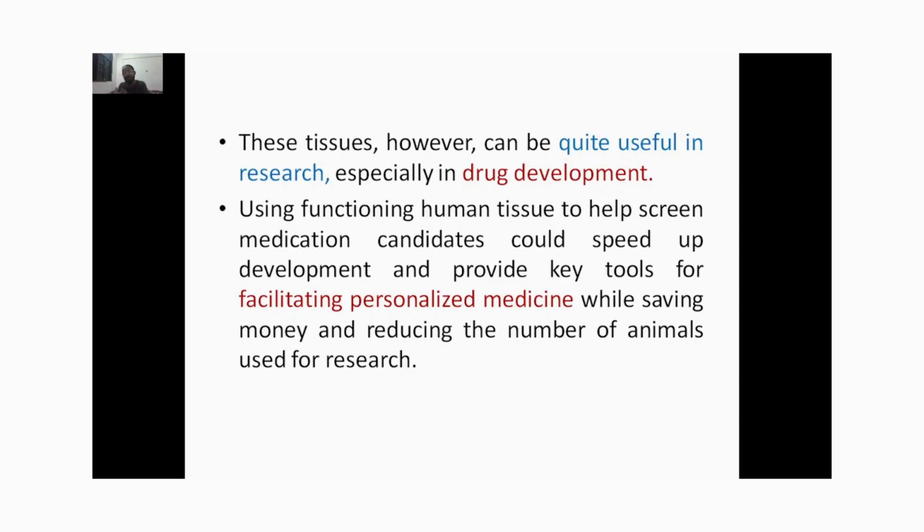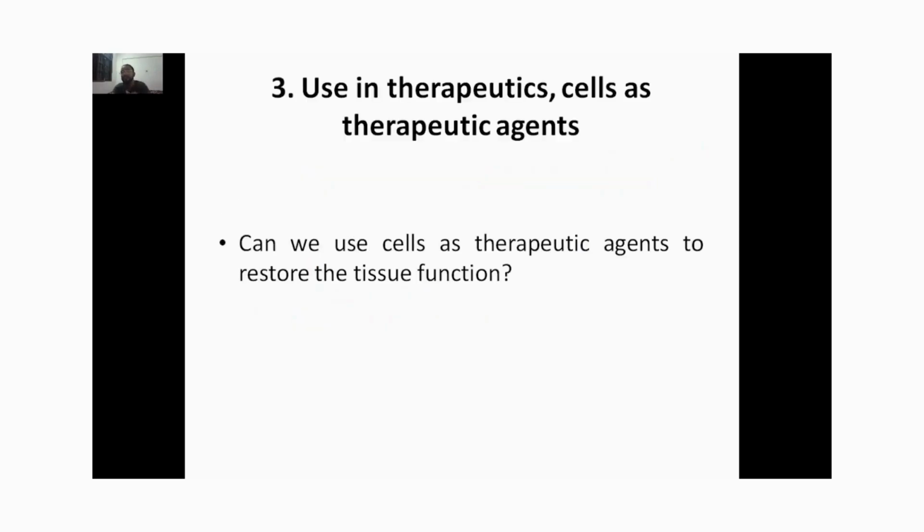You can directly test it on those organs and check how they are responding, so that we can avoid killing animals, avoid the time consumed, and also avoid adverse reactions on human beings. All those things can be avoided, so it will be safer. So safer preclinical or clinical studies can be done with the help of tissue engineering.